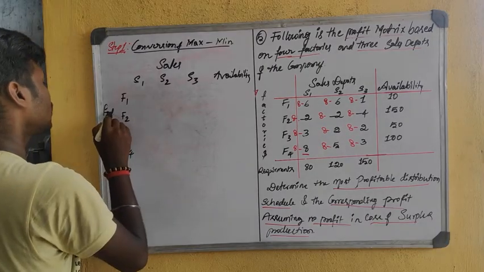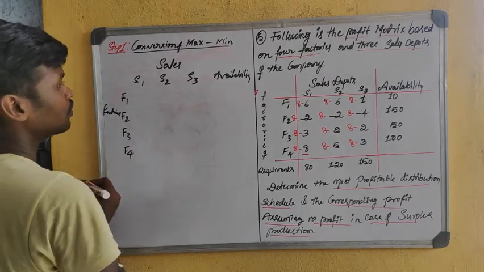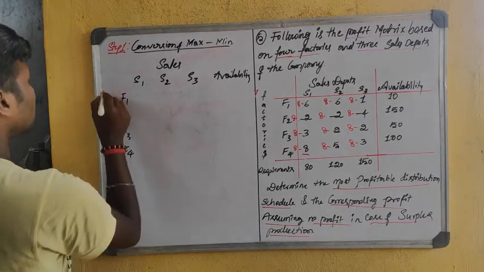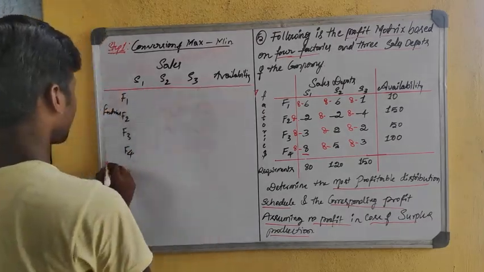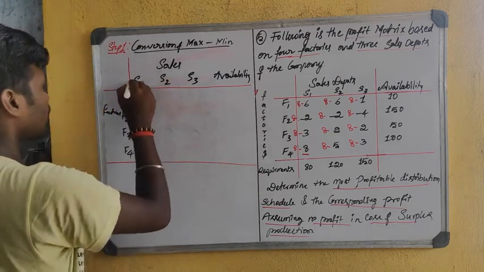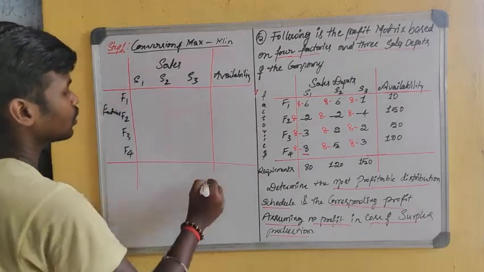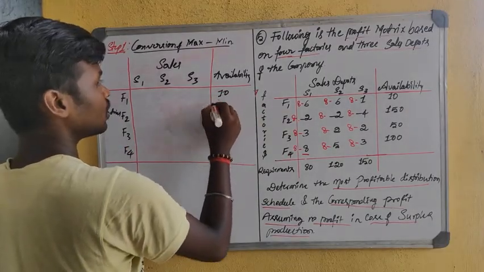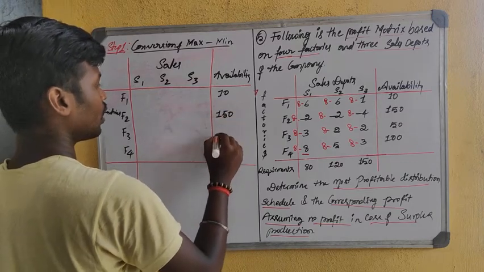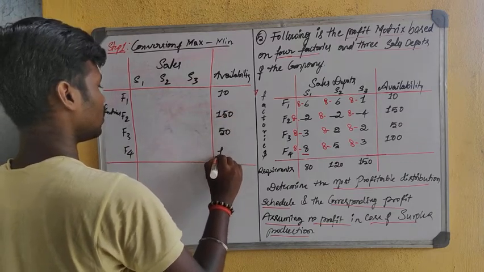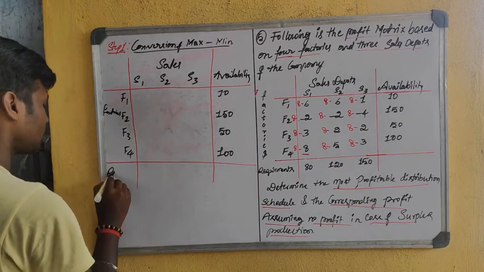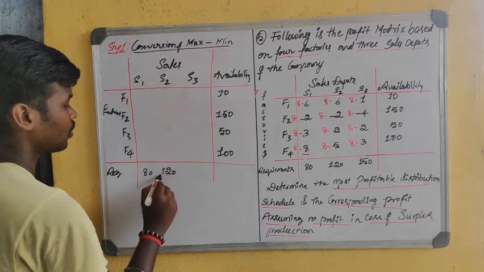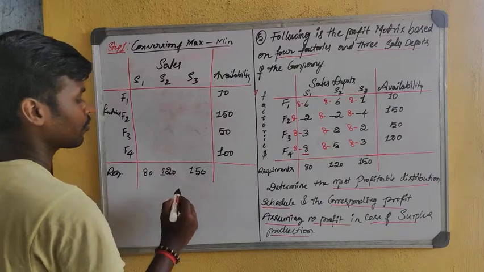So these are the factories. If you get confused, draw the lines. Write down the availability as it is: 10, 150, 50 and 100. Next, requirements: 80 and 120, next 150.